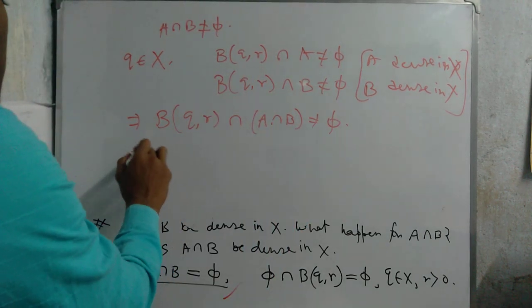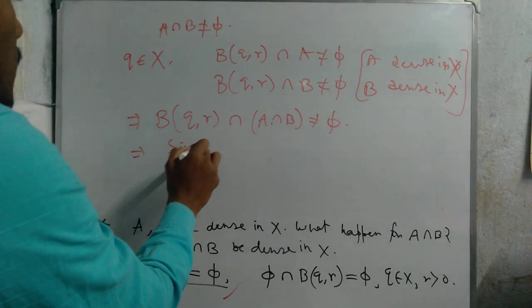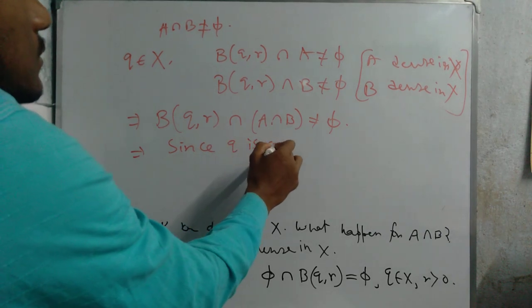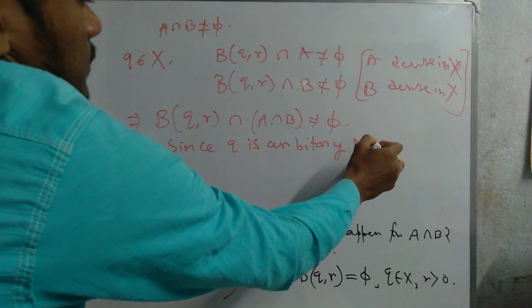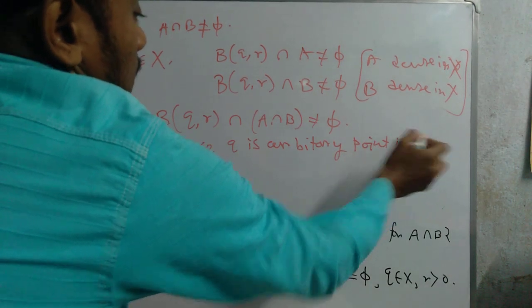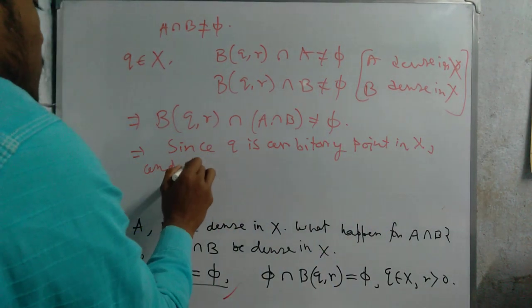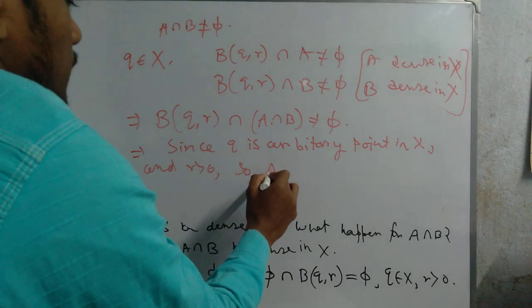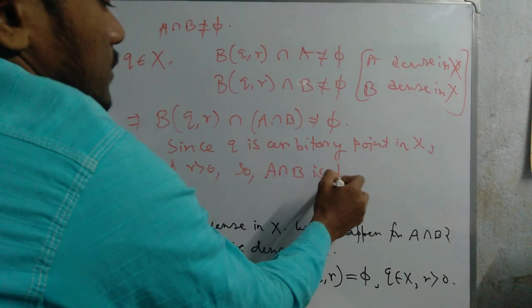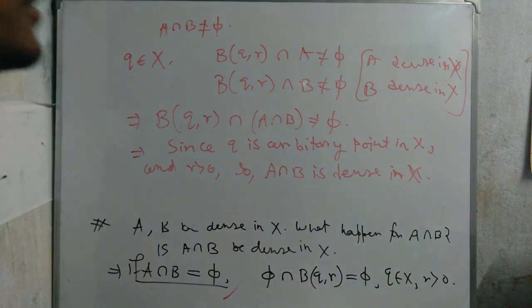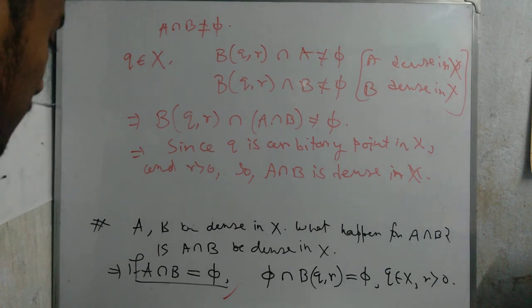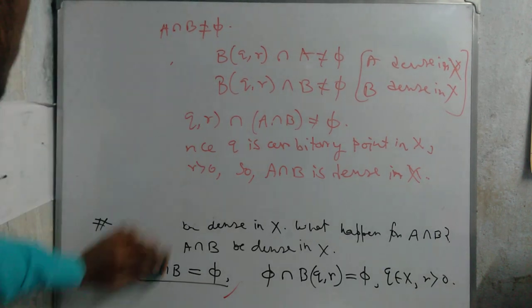Then since Q is an arbitrary point in X and R greater than 0, A intersection B is dense in X. Understood or not? I think all of this portion is understood.